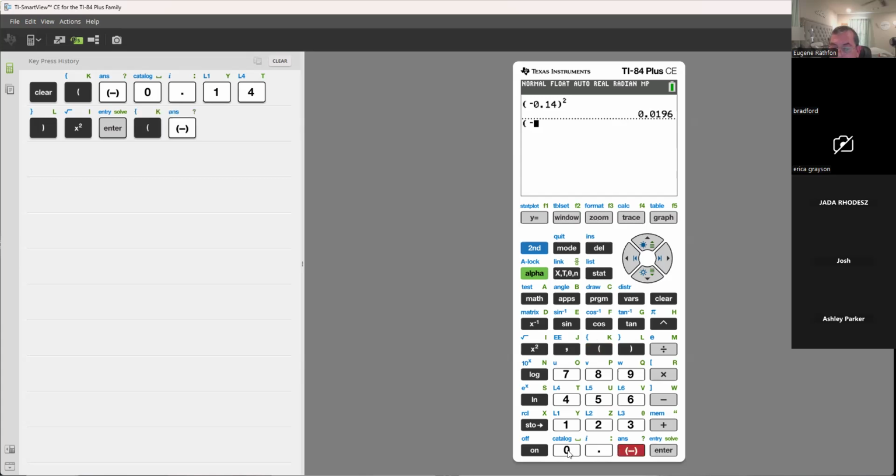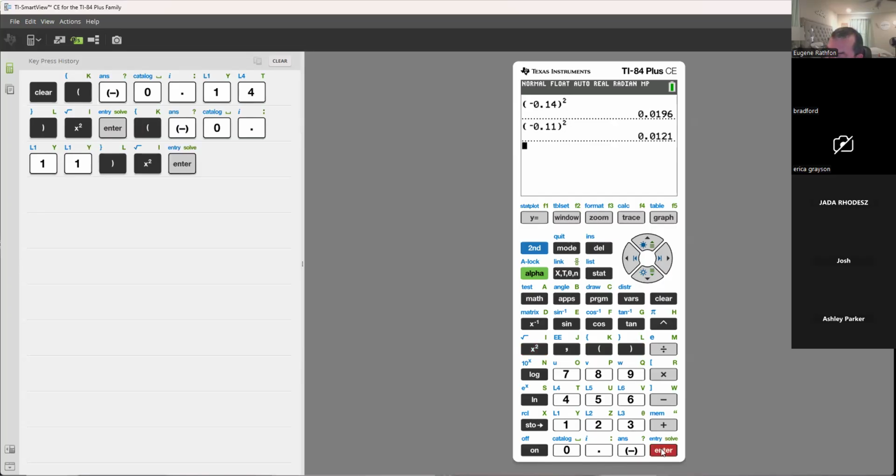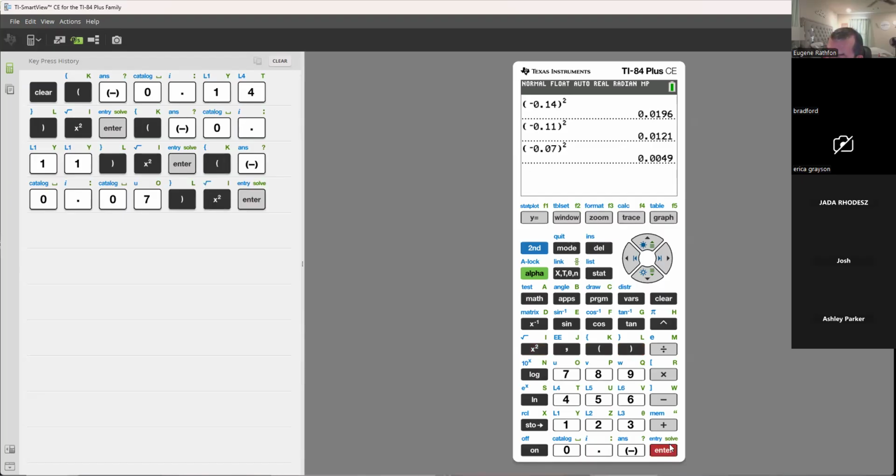Next, I had a negative 0.11. I'm going to close parentheses and square that. I get a 0.0121. Next is negative 0.07. Close parentheses, square that. We get a 0.0049. All right, now everything else is positive.